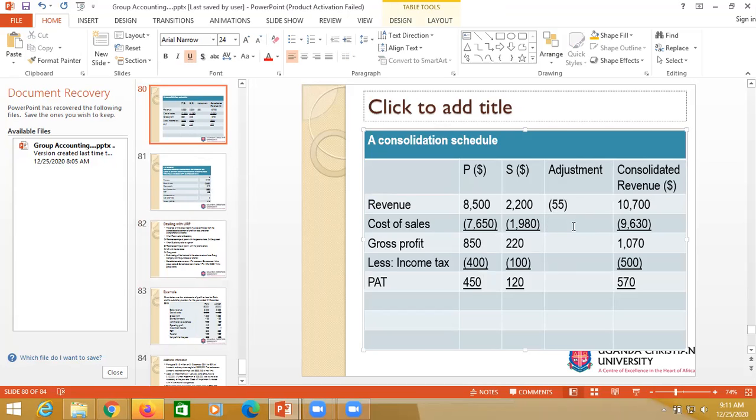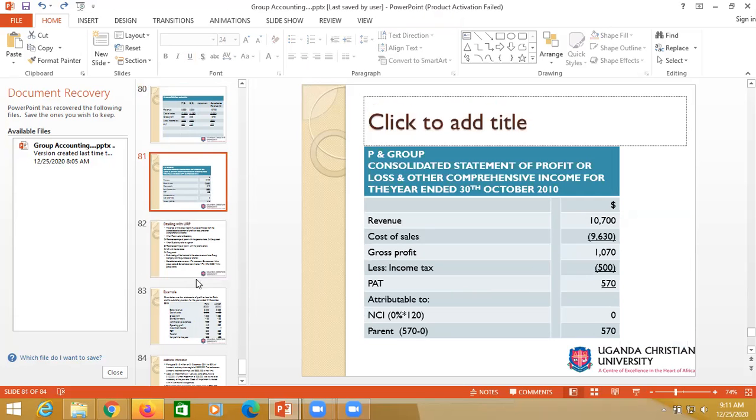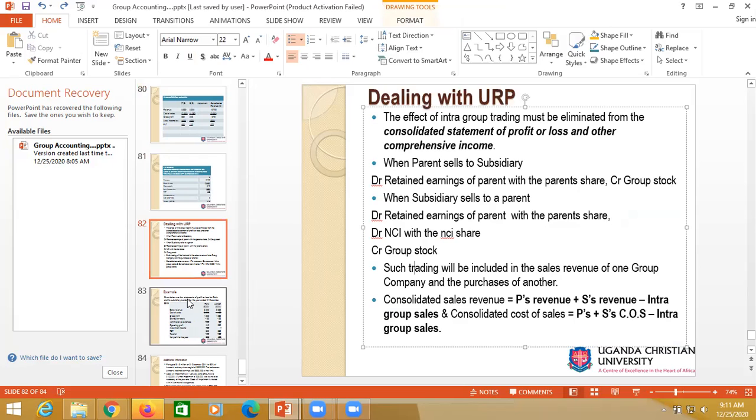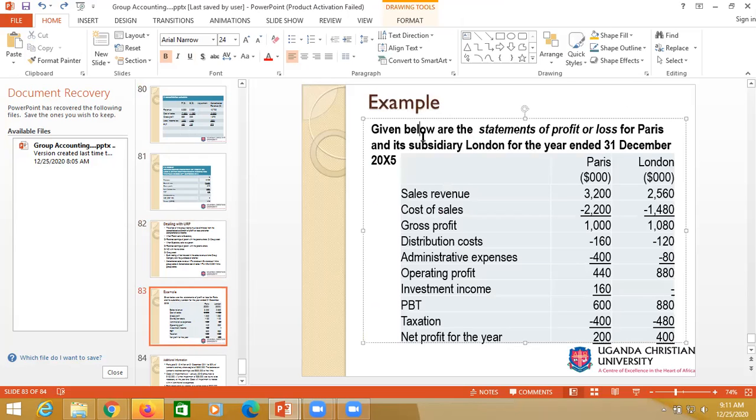For the cost of sales, if 55 is the sales, then we put the cost here, say 50, so that this 50 will adjust these. So that is how we deal with unrealized profit. Then from there, we're supposed to look at an example. Just one minute, we come back and do the example.